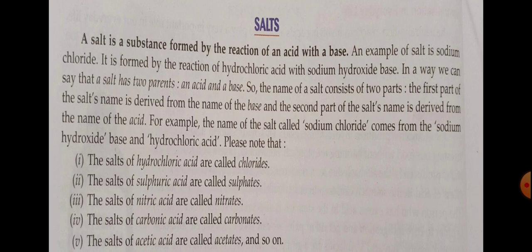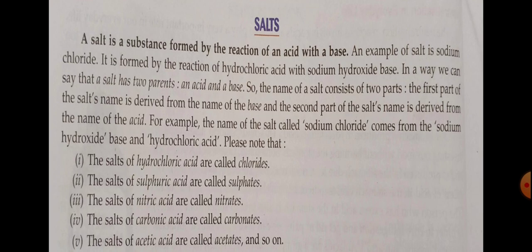For example, common salt is a natural salt, sodium chloride. It is formed by the reaction of hydrochloric acid and sodium hydroxide base. You have already seen this reaction in the previous topic on neutralization, and it produces sodium chloride, salt, and water.